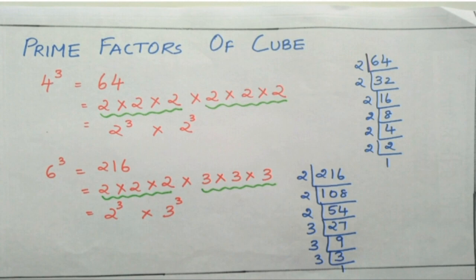And now 27 is divisible in the 3 table. How many times? 9 times. 9 again divisible by 3 how many times? 3 times. 3 again divisible by 3, 1 time. So what factors did I get? 2 into 2 into 2, 3 into 3 into 3. So see, 2 cube multiplied by 3 cube, because 2 appeared 3 times and 3 also appeared 3 times.